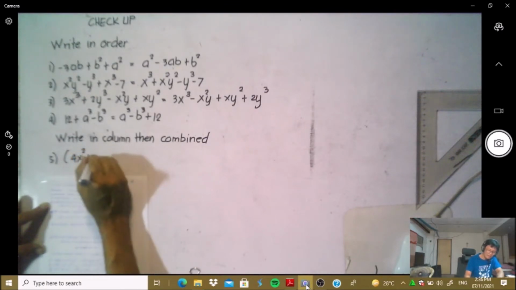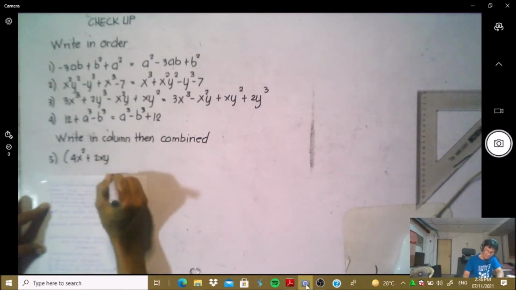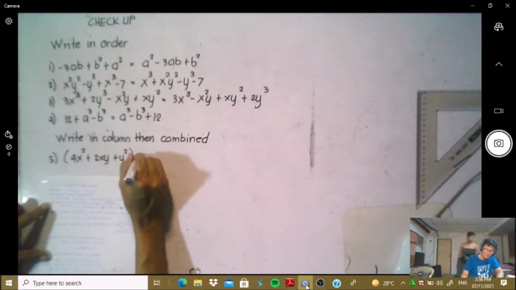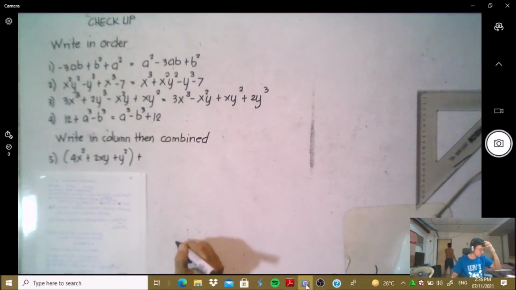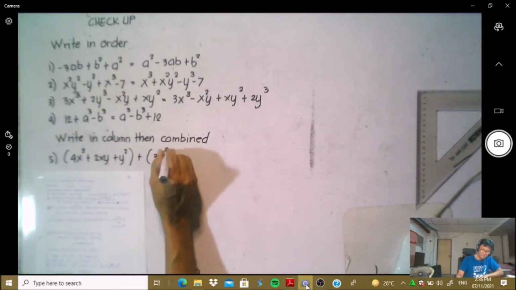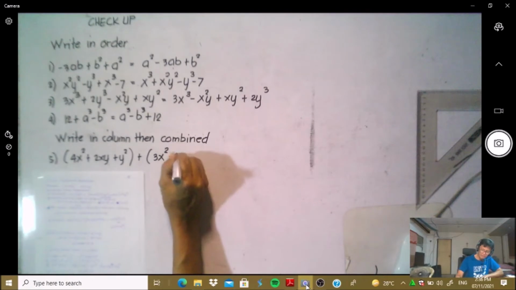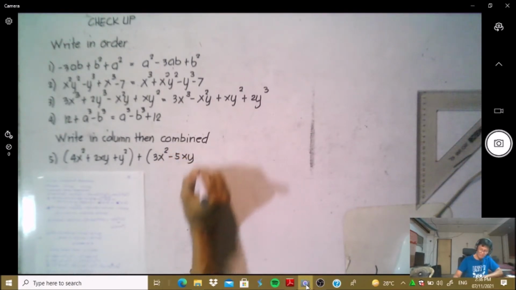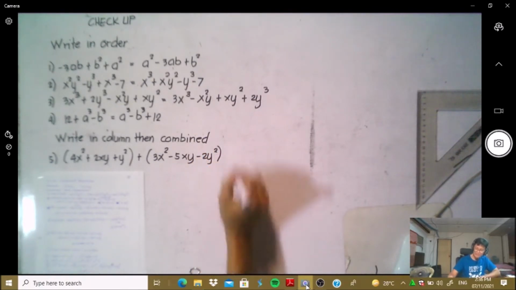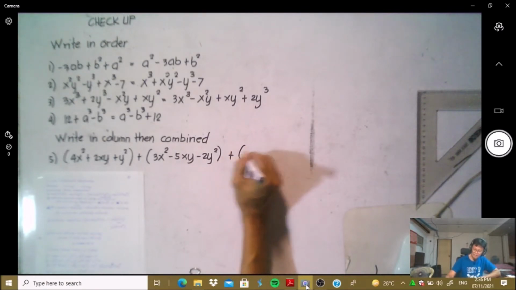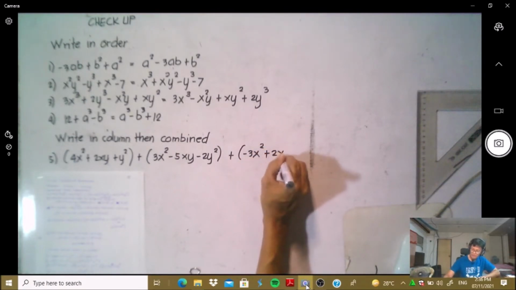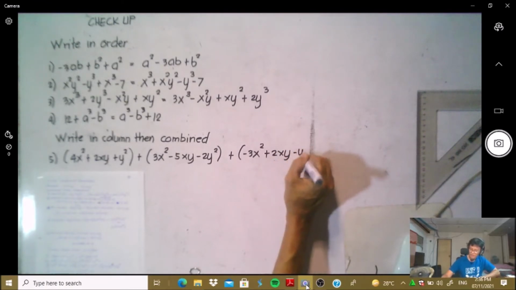plus 2xy plus y squared, then plus 3x squared minus 5xy minus 2y squared, then plus negative 3x squared plus 2xy minus y squared.